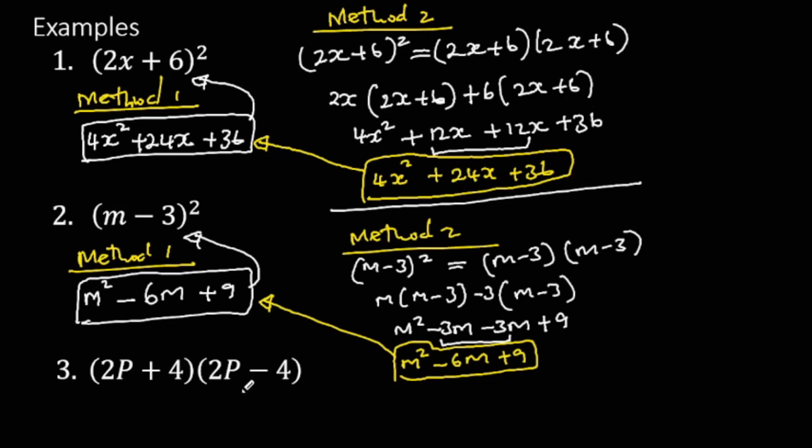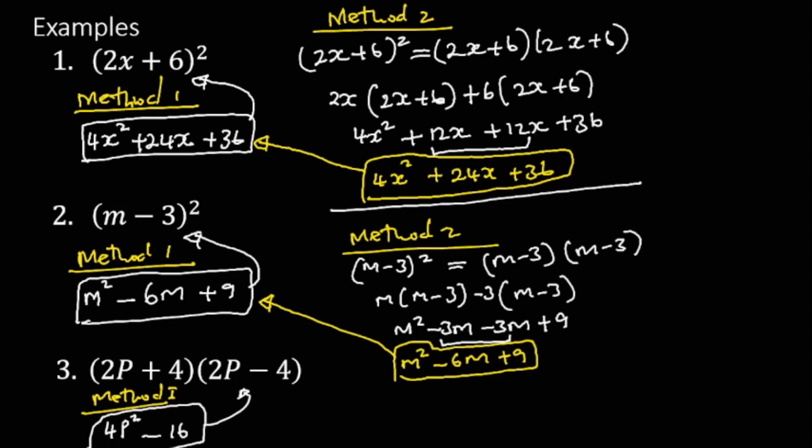To do this expansion using the first method, the quadratic identity expansion technique, you just need to check the bracket that has a negative sign. So in this case it is this one. You square the first element, 2p squared, that is going to give you 4p squared. The sign between them is a negative. Then square the second element, 4 squared is 16. And this is going to be the expanded form of these two brackets.